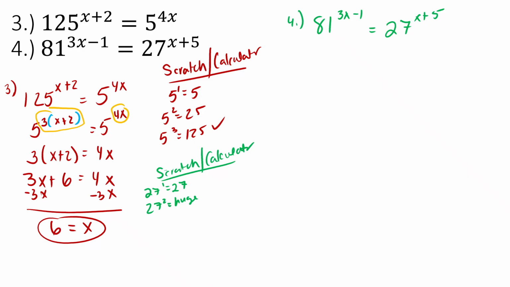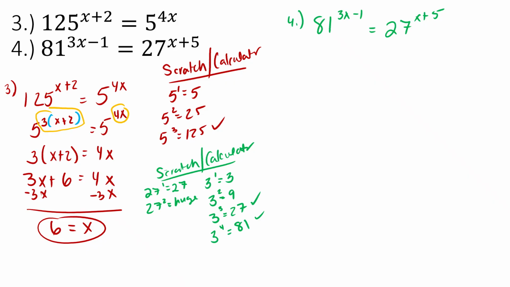Anything bigger than that starts to get a little bit unwieldy. So if you've done any kind of work with your exponents, you probably have an intuition that the number that we're going to go for here is 3. So 3 to the first power is 3, 3 squared is 9, 3 cubed is 27, so that gets me the 27, and 3 to the fourth power is the 81.